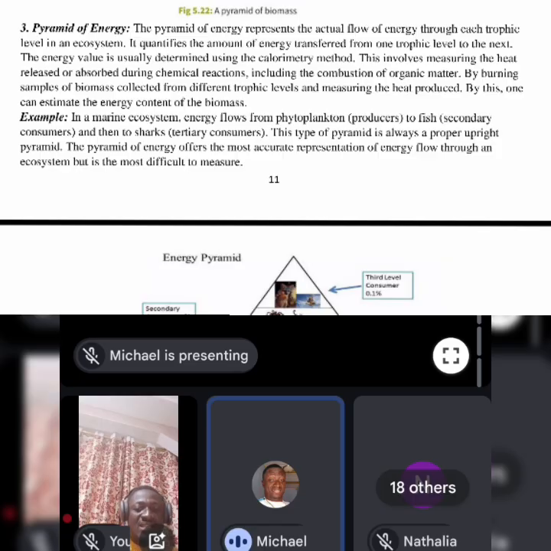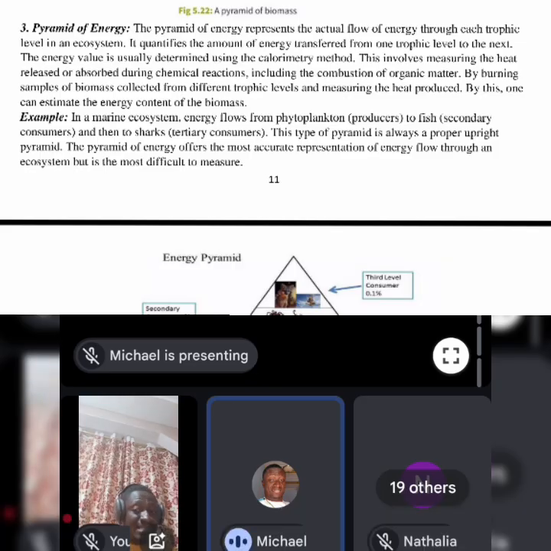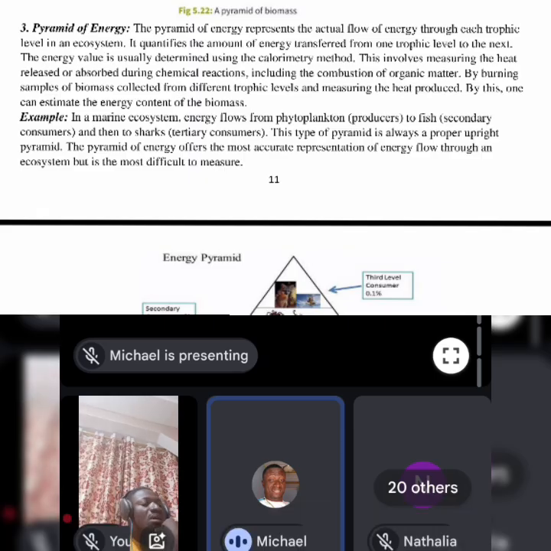What 100 cedis could have bought before, it can't buy today, and that happened because that's how systems are built, because of inflation and things. So that is the idea we are trying to convey: the energy that comes from the biomass, or the organism we are talking about.